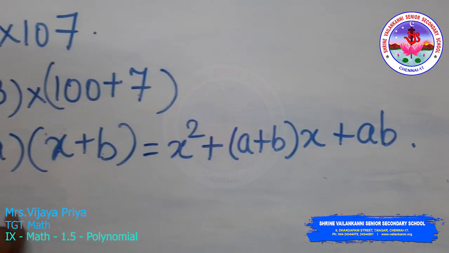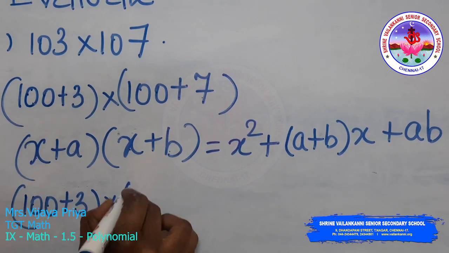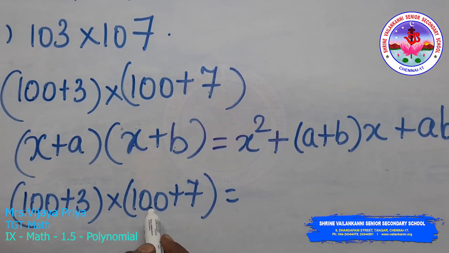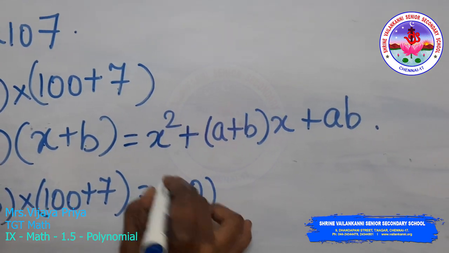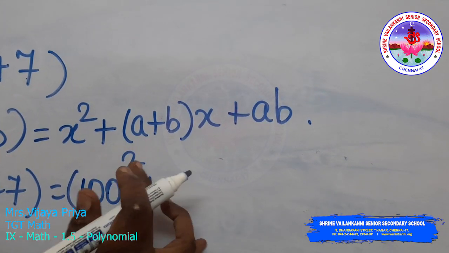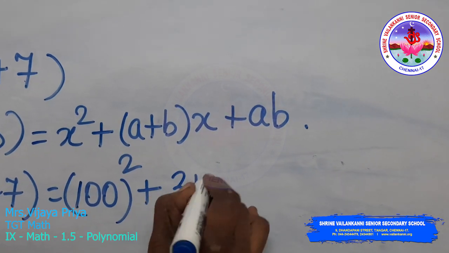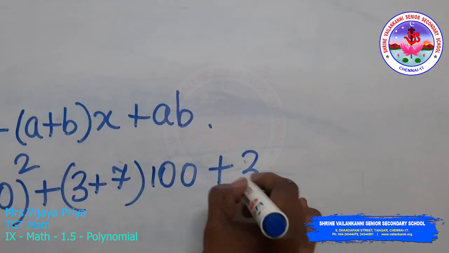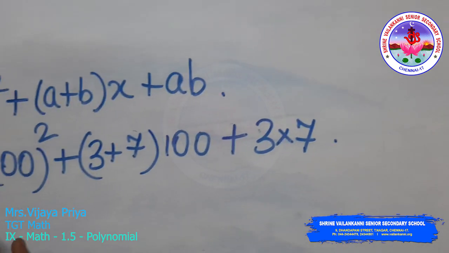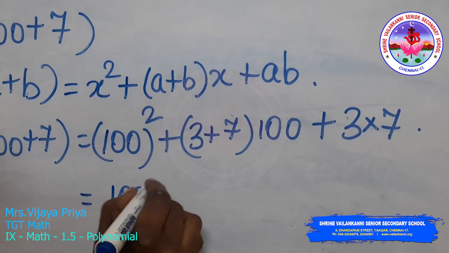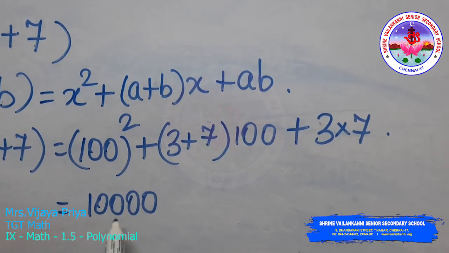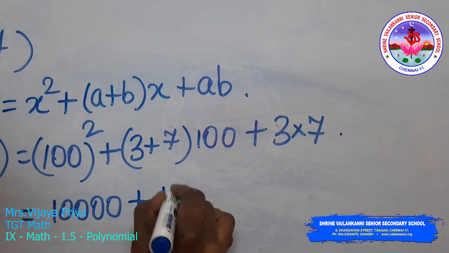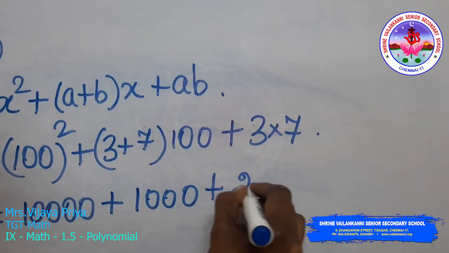Now coming to the problem, (100 + 3)(100 + 7) is equal to, in place of x you have 100, so x squared becomes 100 squared, plus where a is 3 and b is 7, a + b is 3 + 7 into x, which is 100, plus a into b, 3 into 7. 100 squared becomes 10,000, plus 3 + 7 is 10, 10 into 100 becomes 1000, plus 7 3s are 21.